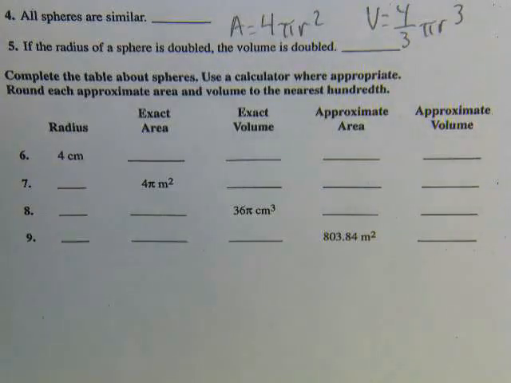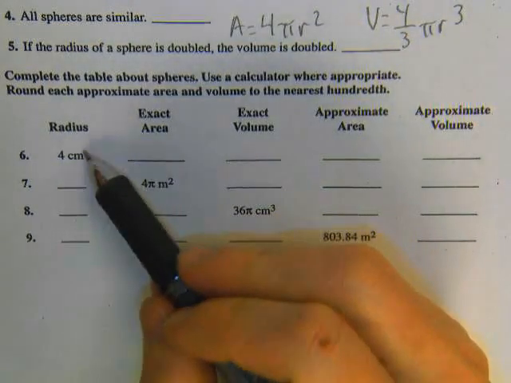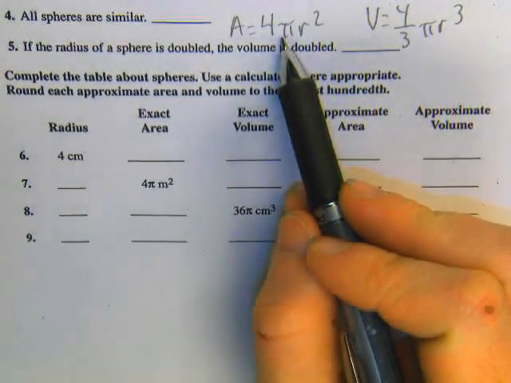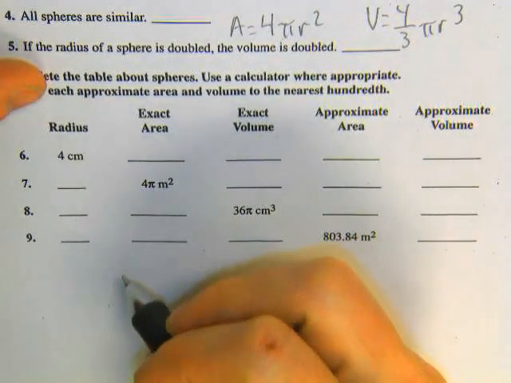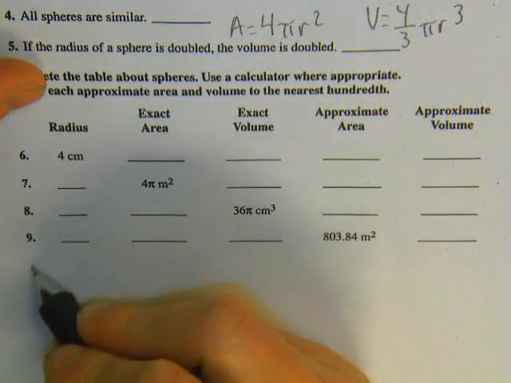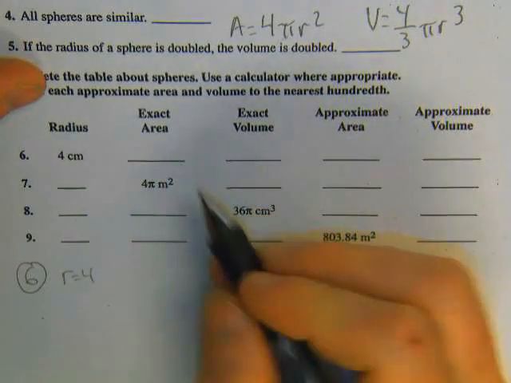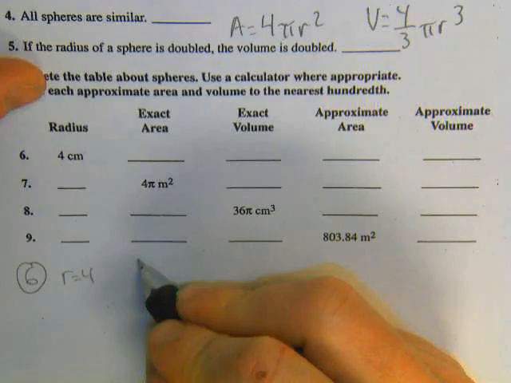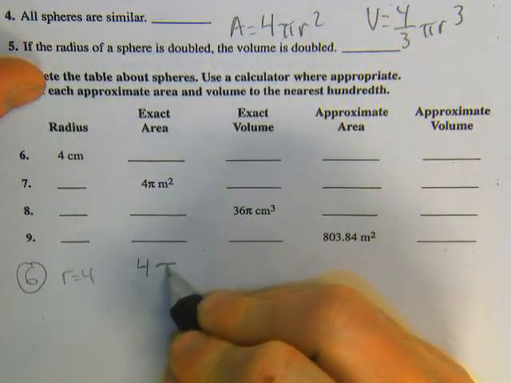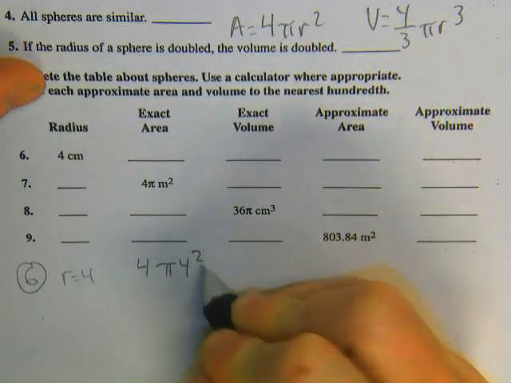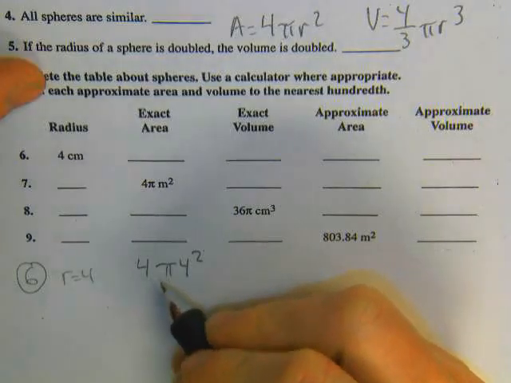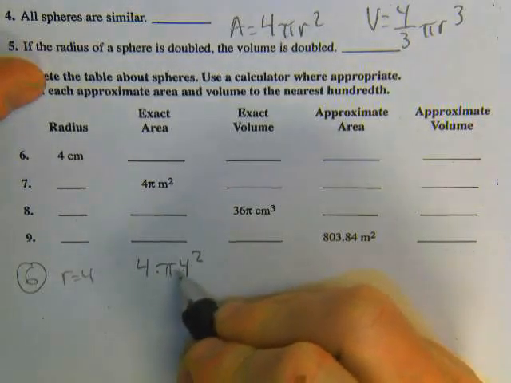So if the radius is 4, the exact area is, we're just going to plug it in there and simplify. So this is 6. So r equals 4. So the exact area is 4 pi 4 squared. This is all multiplied, so we can move it around in any order.